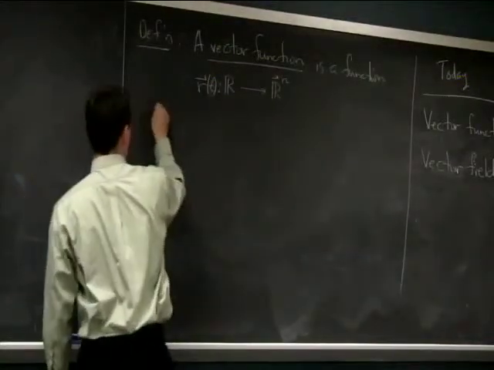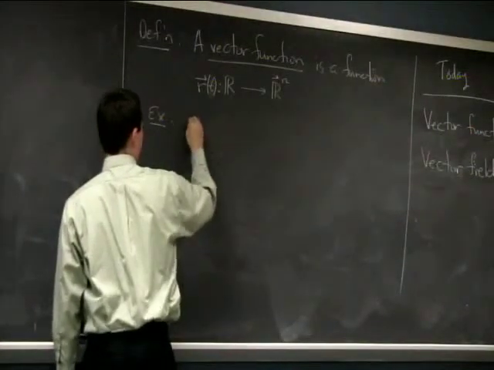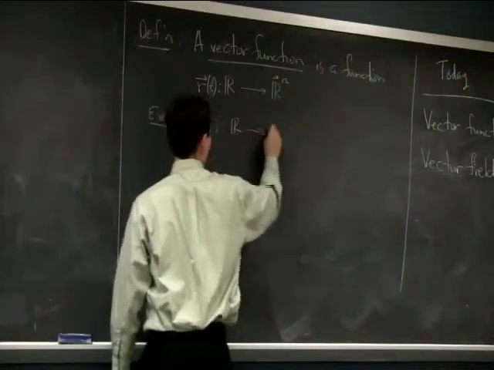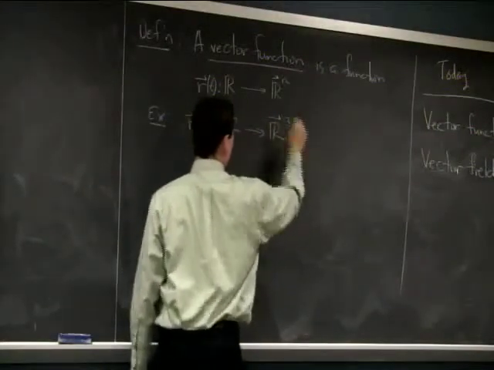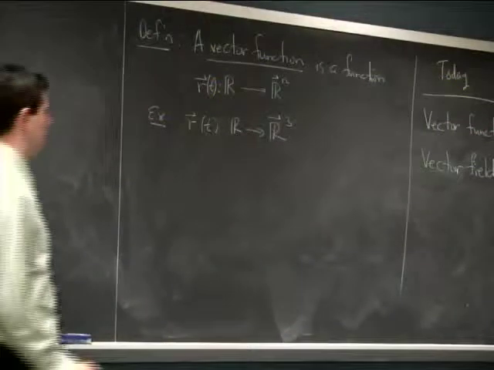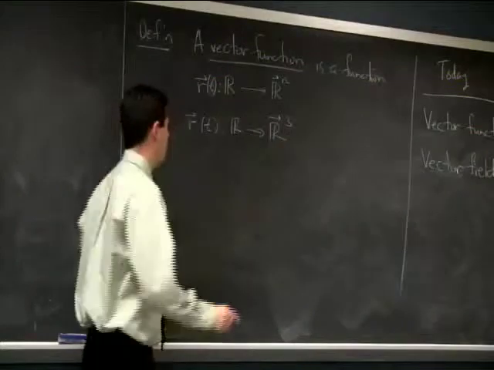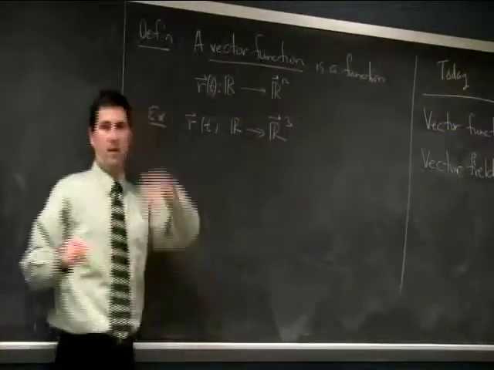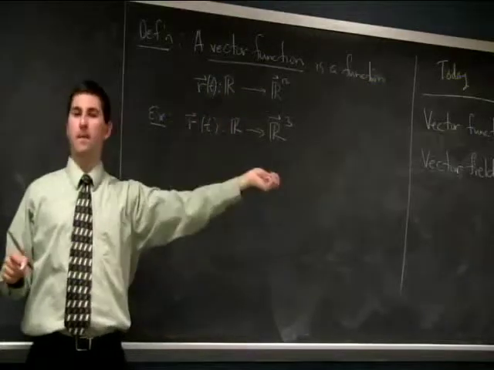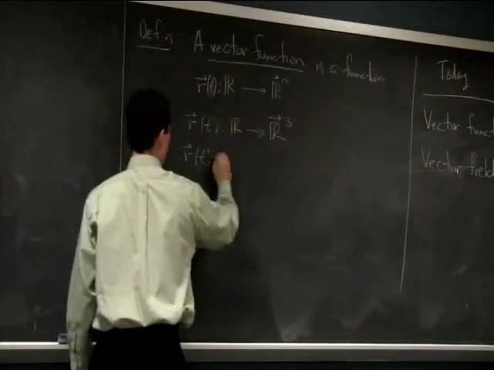So for instance, you might have a vector function on R^3. And what does it have to look like? Well, it has to give you vectors in R^3. And we know that every vector in R^3 looks like something times i plus something times j plus something times k. And so this R of t can actually be broken up.